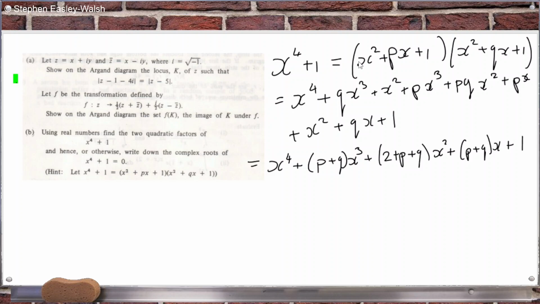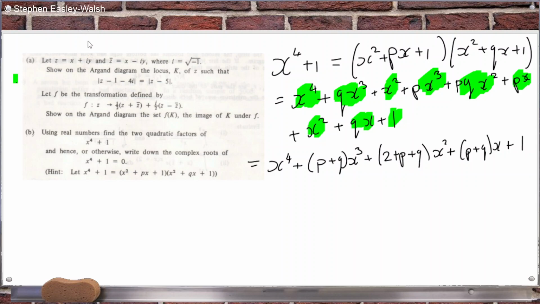Okay. x squared times x squared is x^4. That's qx cubed plus x squared. Okay, and then multiply by px: px cubed plus pqx squared plus px, and then multiply by 1, which is x squared, qx and 1.